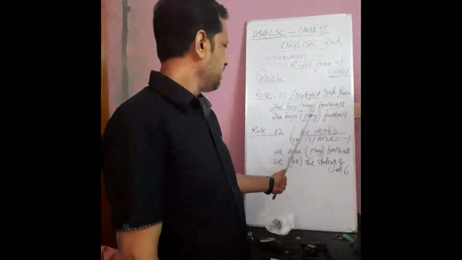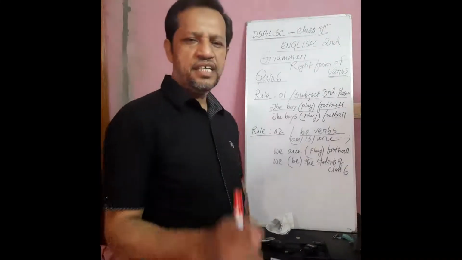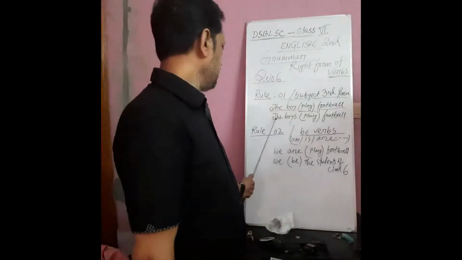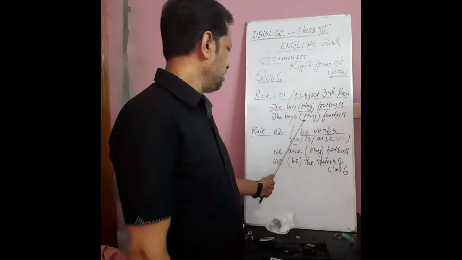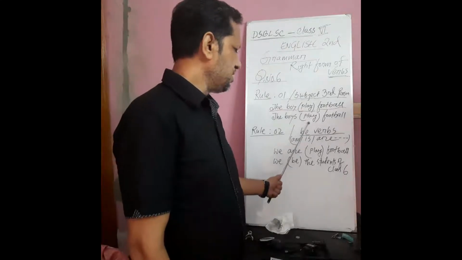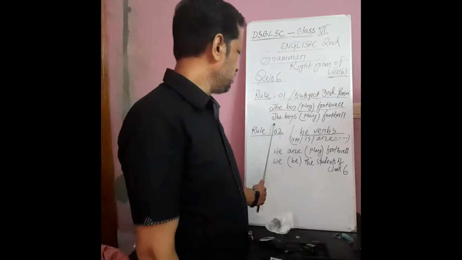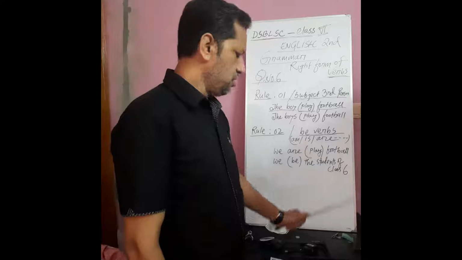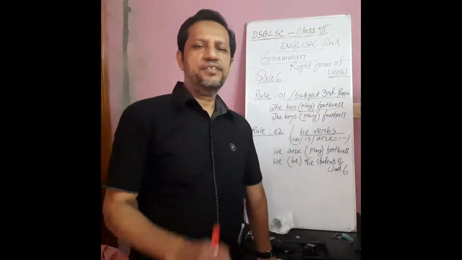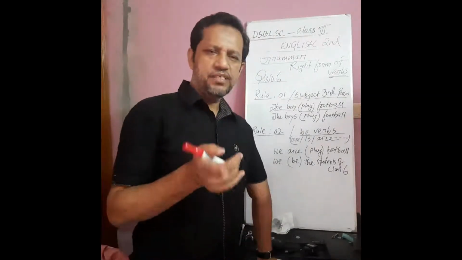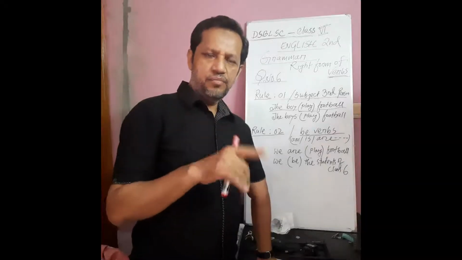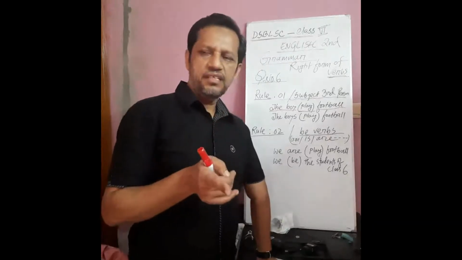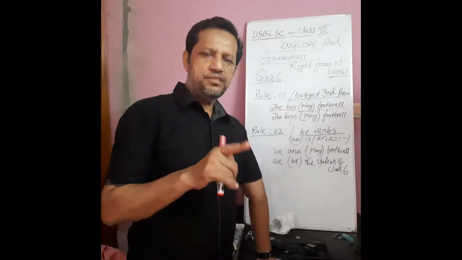That's why you do not add s or es with the main verb. The verb should be the same. The boys play football. Then we have learned that if the subject is the boy, then the boy plays. If the subject is the boys, then the answer would be the boys play.